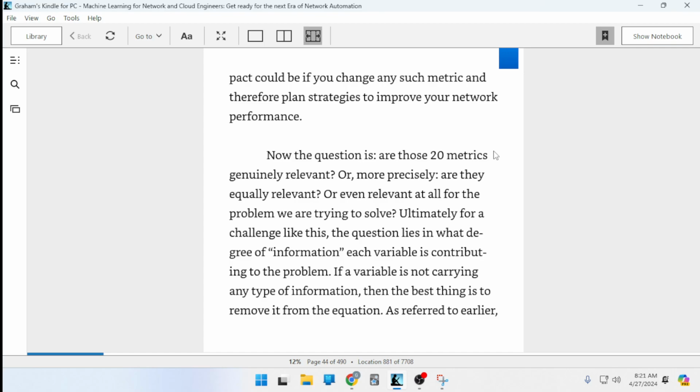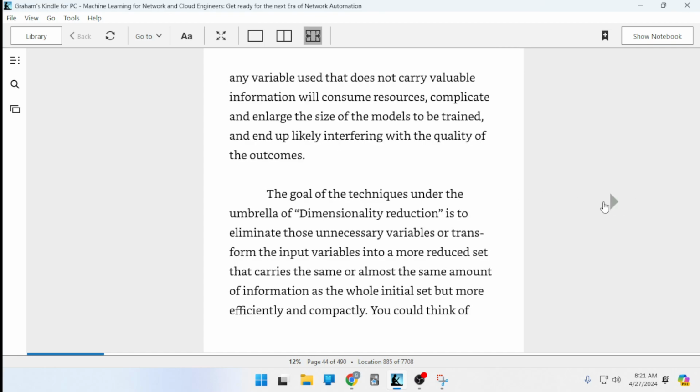If a variable is not carrying any type of information, then the best thing is to remove it from the equation. As referred to earlier, any variable used that does not carry valuable information will consume resources, complicate and enlarge the size of the models to be trained, and end up likely interfering with the quality of the outcomes.